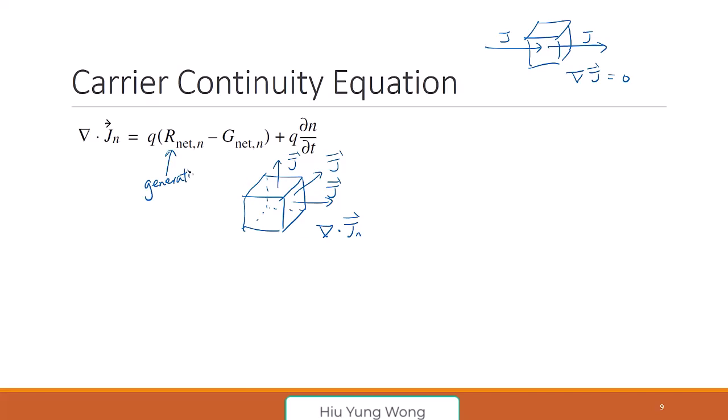How can you generate electron in a box? Any idea? This is a typo. Should be recombination. This is generation. How do you generate something out of nowhere? How do you suddenly create an electron? You energize the atom.